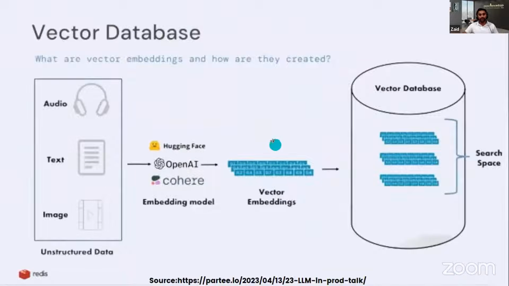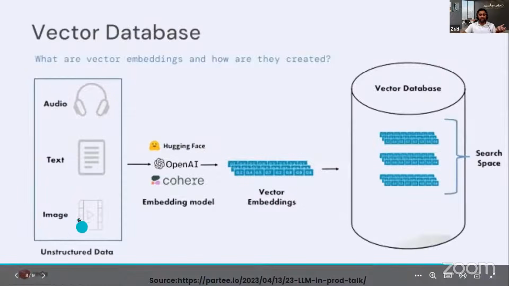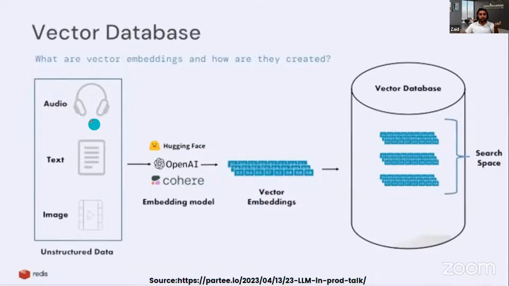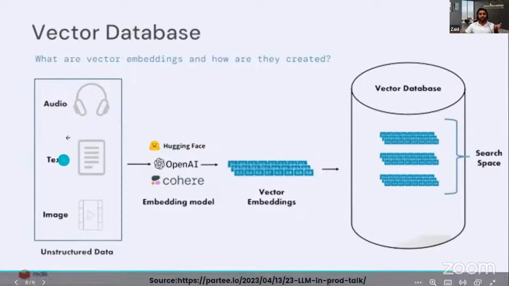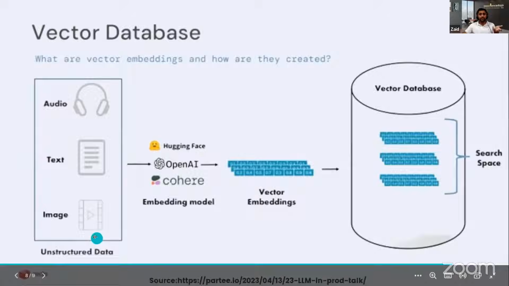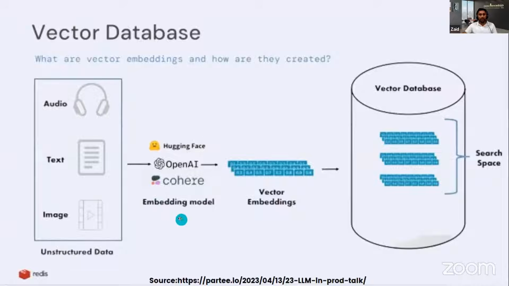So now look at this at a very high level. We have our vector databases. First of all, we get our unstructured data, that is images, text, audio, or any video file. We convert that unstructured data into vector embeddings using an embedding model provided by Hugging Face, OpenAI, and Cohere.